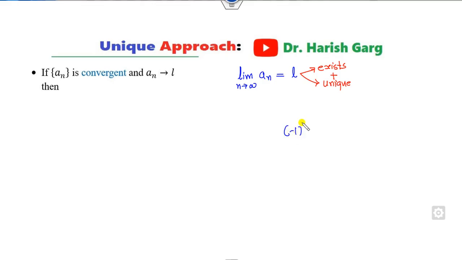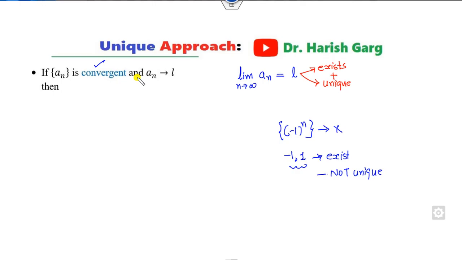Remember, if you have this sequence, clearly the limits are either +1 or -1. They exist, but they are not unique. Therefore this sequence is not convergent.